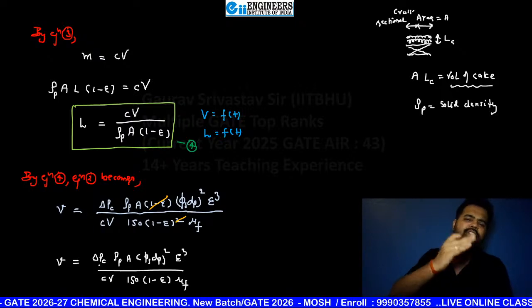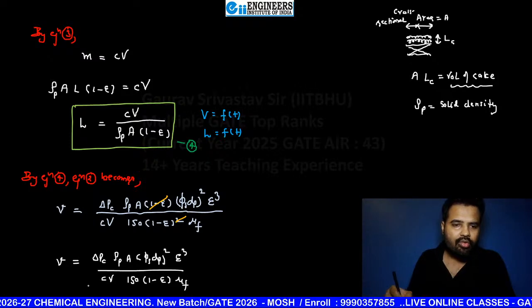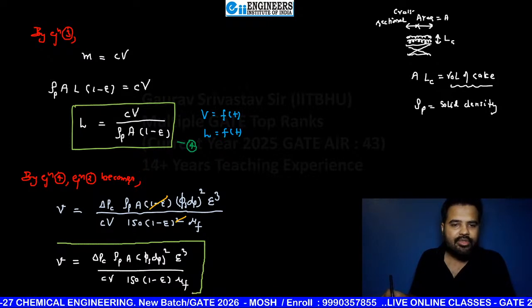Okay, you can write like 150 c V 1 minus epsilon mu f. So this is your expression for V.